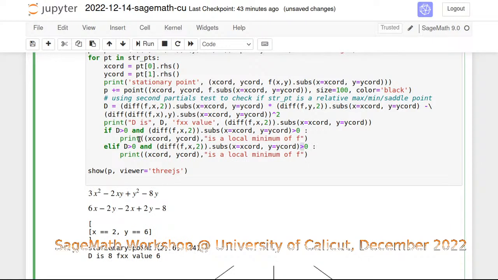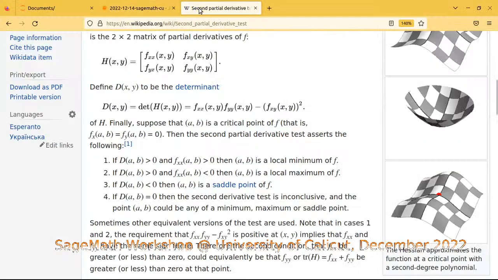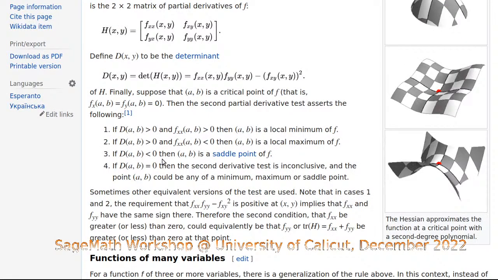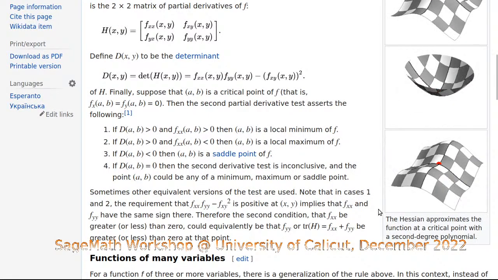If this is less than 0, local maximum. And what is the third one? If D itself is less than 0, it's a saddle point.